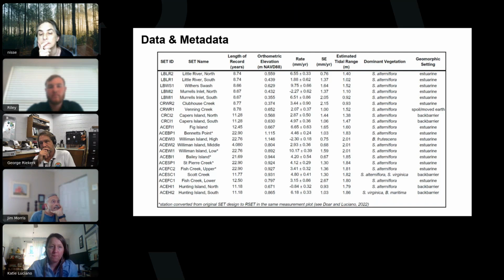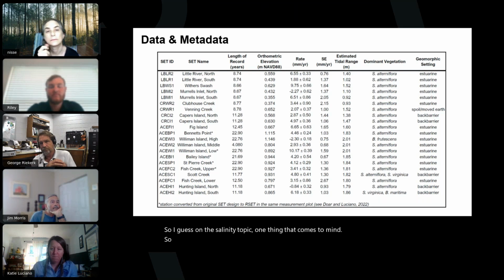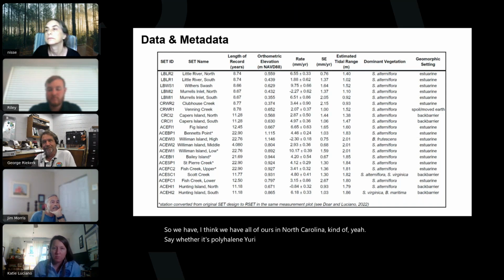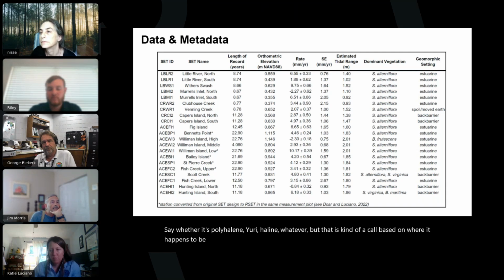On the salinity topic, I think we all in North Carolina say whether it's polyhaline, euryhaline, whatever, but that is a call based on where it happens to be sitting relative to the open ocean. Nobody's actually measuring salinity.